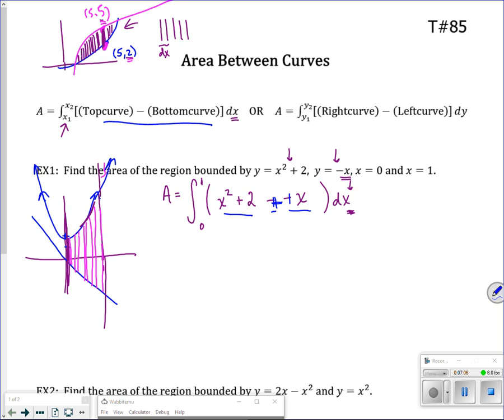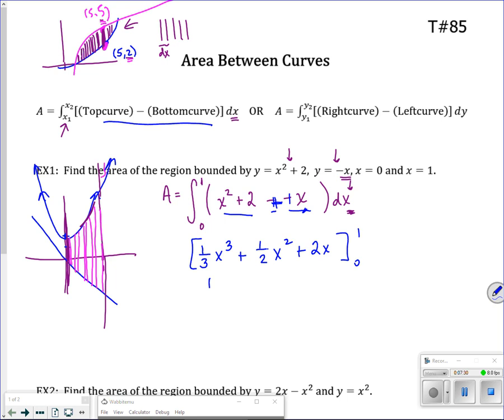And if I had to solve this one, if this was on the non-calculator part, well, then I'm just ready to roll. I have 1/3 x cubed plus, I'm sorry, I'm going to go in order, so I'm going to integrate this x next. 1/2 x squared plus 2x. I need to evaluate that from 0 to 1.